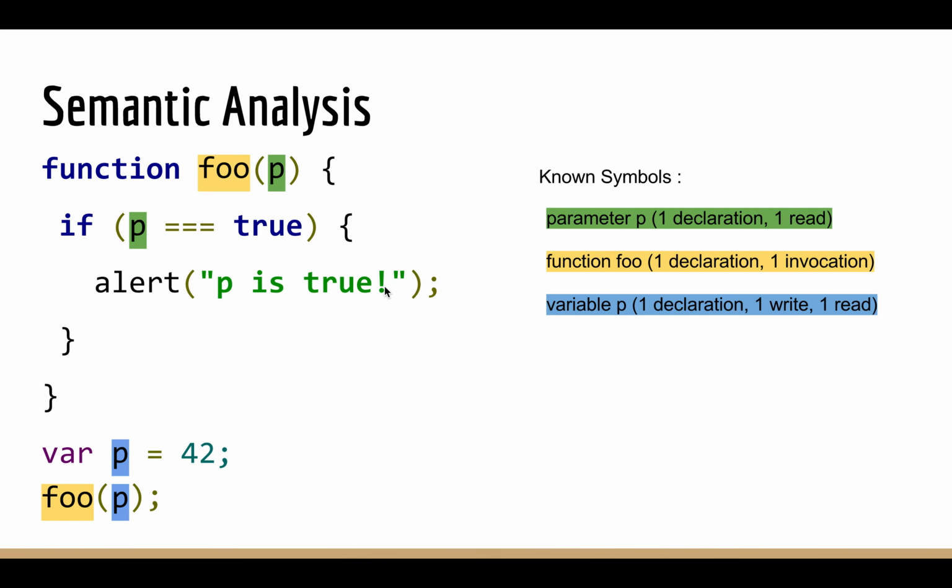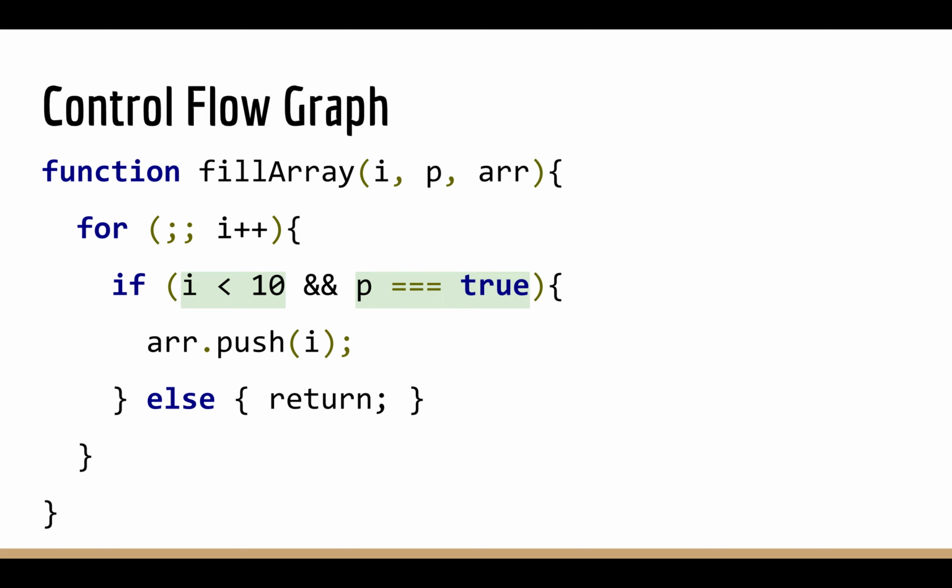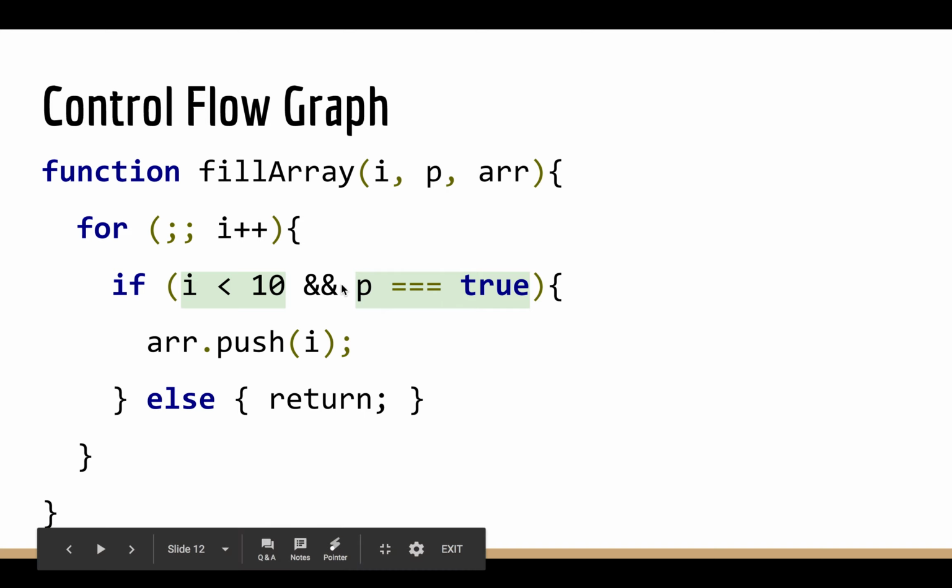And yet another level that you can build on top of this, or besides this, in the same level, is the control flow graph. Now, the control flow graph is when things start to be a bit less obvious for a human to follow. For instance, take this example code.